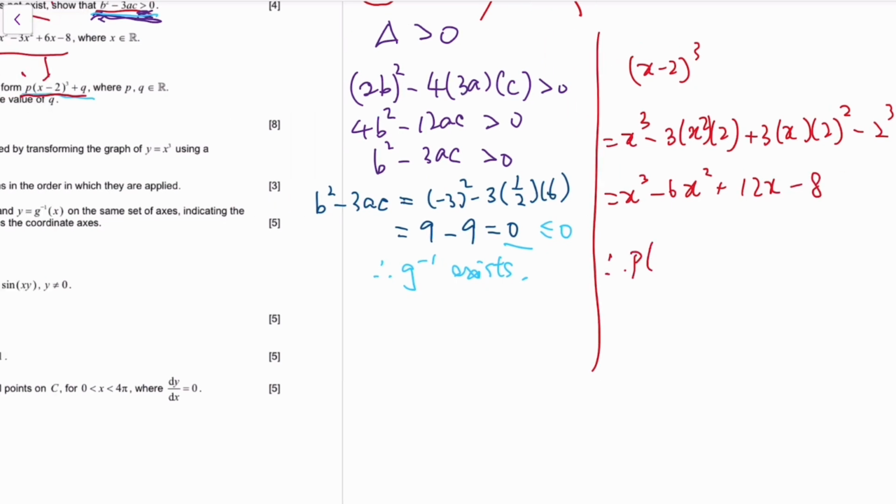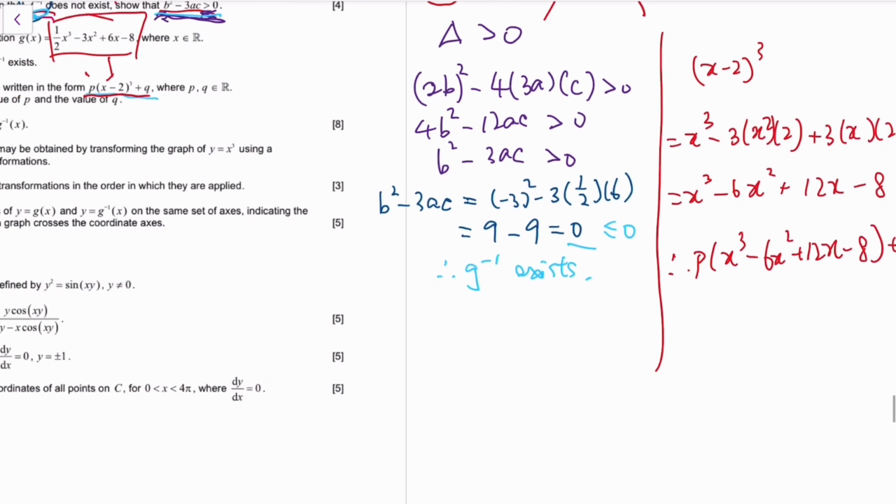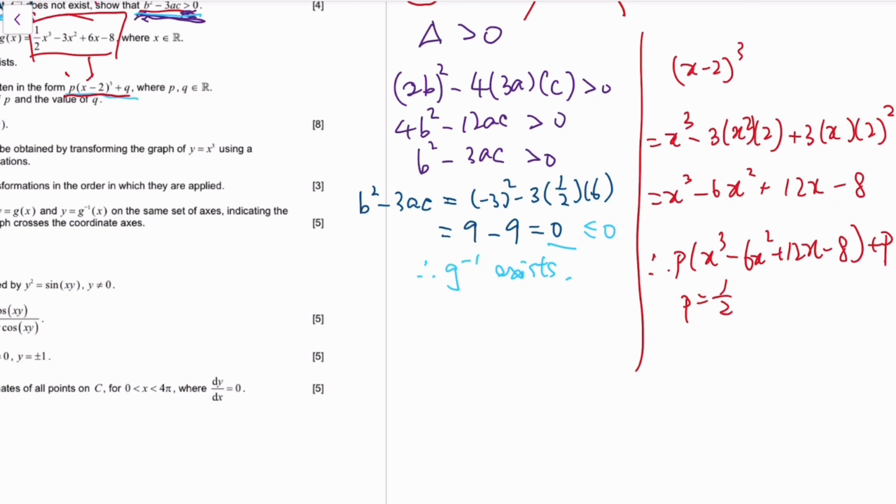So we need P times that plus Q to equal the expression in the question. It should be obvious P has no choice but to be half. And if P is half, then P times minus 8 gives minus 4 at the back.